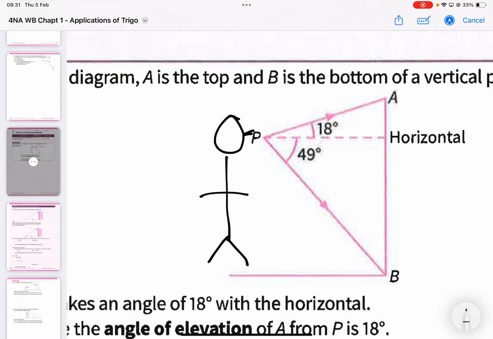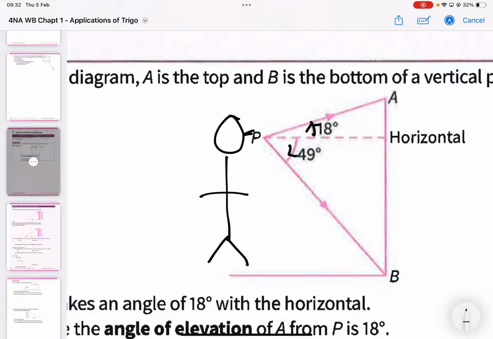So if my eyes look upward, then this going upward is called the angle of elevation. So if I add an arrow here, this upward is elevation. Then if I'm looking downwards from the side, anything measured against the horizontal, then this 49 degree going downwards is called your angle of depression.